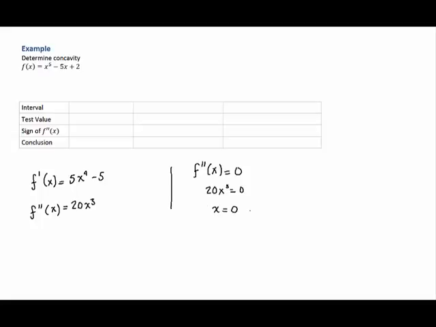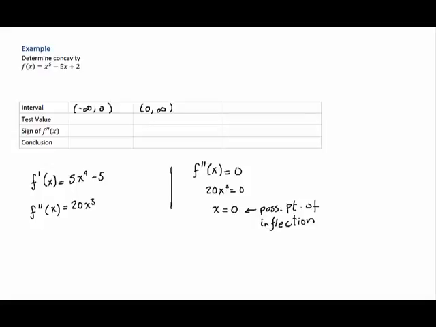So this is our only possible point of inflection. We use those possible points of inflection to divide our real line into intervals. So for example, we go from negative infinity to 0, and then from 0 to positive infinity.